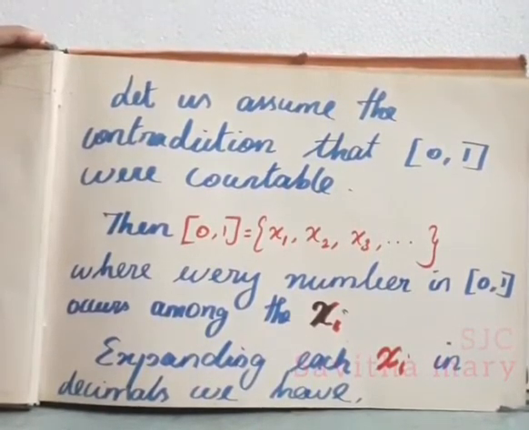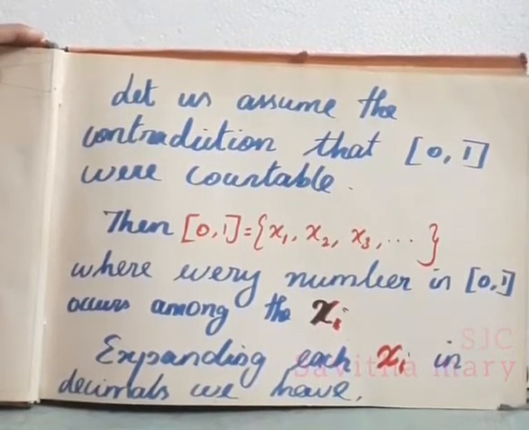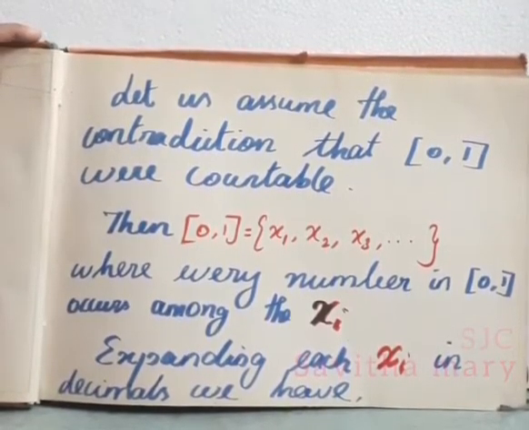Here we will show this by contradiction. Let us assume, for contradiction, that (0, 1) were a countable set.